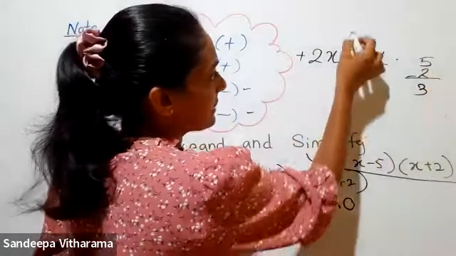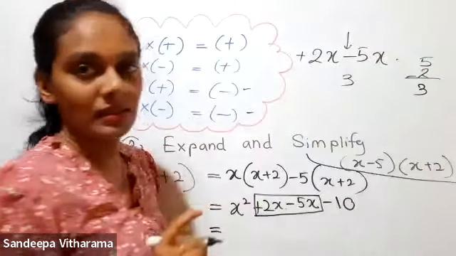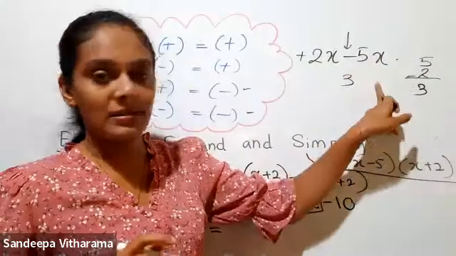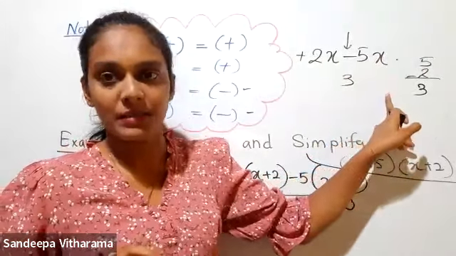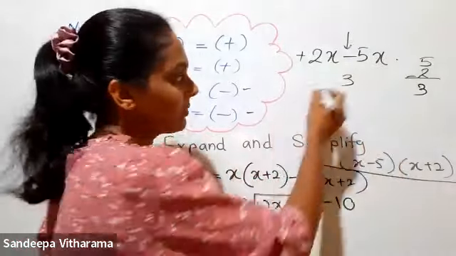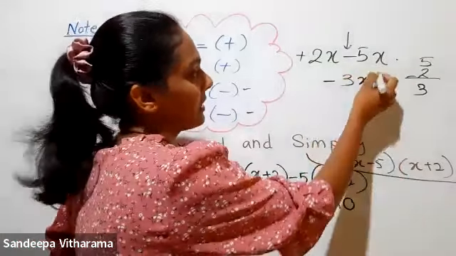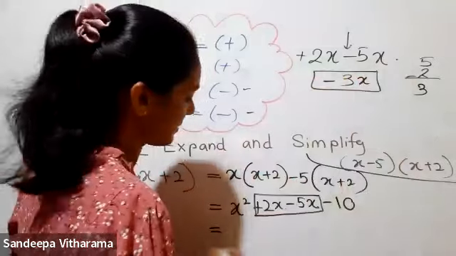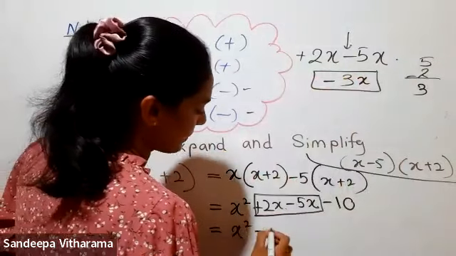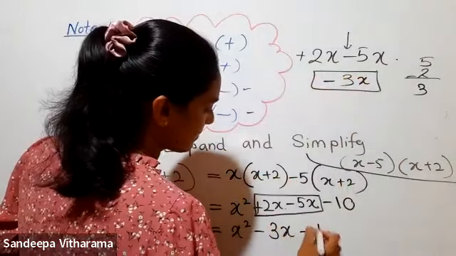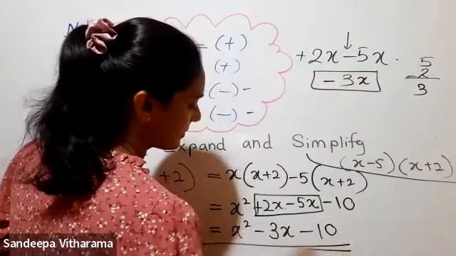Now you can detect that the sign of the larger term is minus, so give the sign of the largest term. It is minus 3. So when you simplify, it becomes minus 3x minus 10.